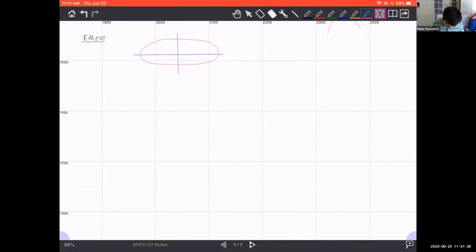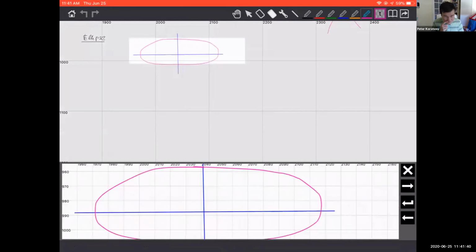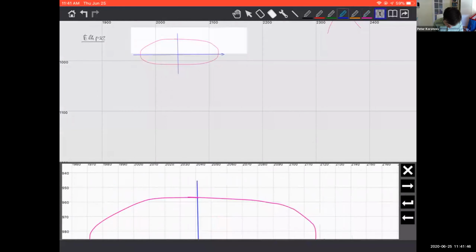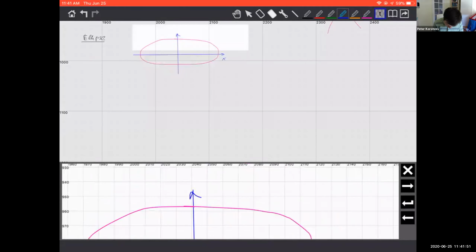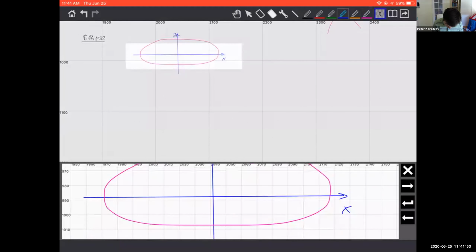Let's draw it in the Cartesian coordinates. So this is x, y, 0. There are two distinguished points on the ellipse, which are called foci. There is one focus and a second focus, called F1 and F2.